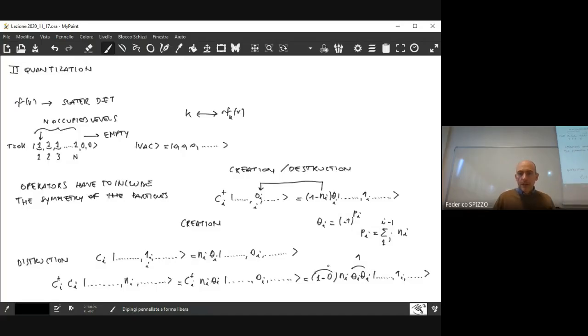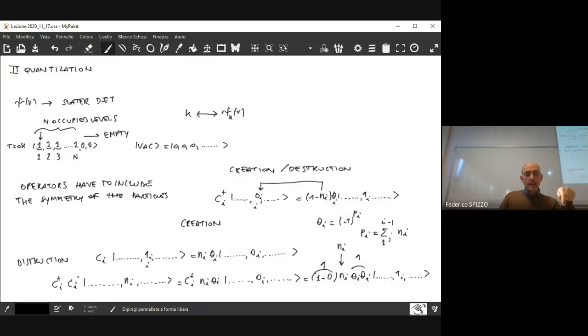Then I have another one here, and here I have Ni. Ni was the initial occupancy. So due to that, if we apply C cross i, Ci, we may go back to the initial state of the system, but in this case, the coefficient of the vector is equal to the initial occupancy.